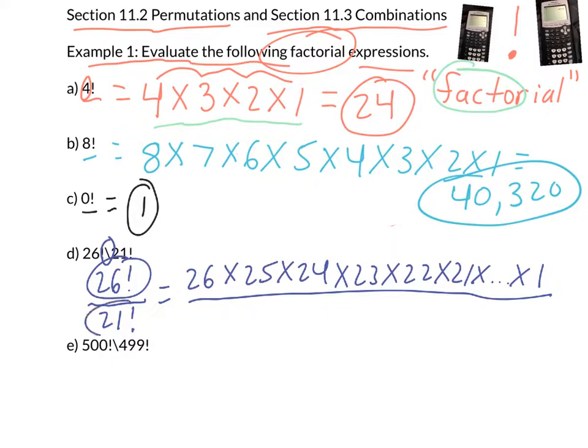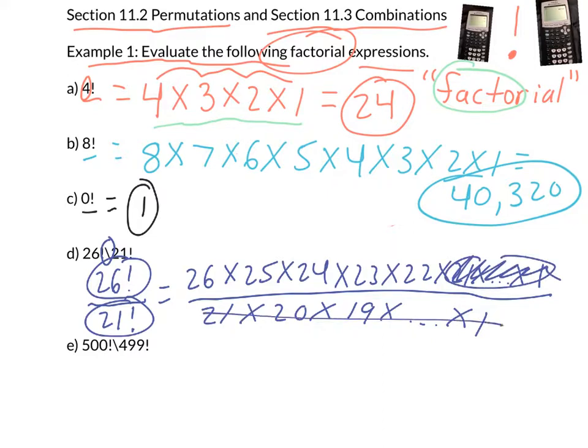Whereas the 21 factorial on the bottom means to start at 21 and multiply by every number below that down to 1. And as long as you're only multiplying, you're not adding and you're not subtracting on the top and bottom of a fraction, you are allowed to cancel out the matches to simplify the top and the bottom. So wherever the top and bottom match, they match at 21 on down to 1.